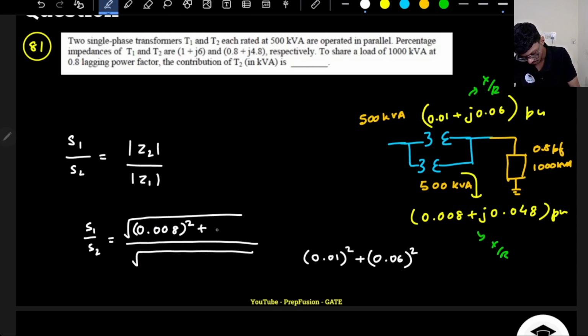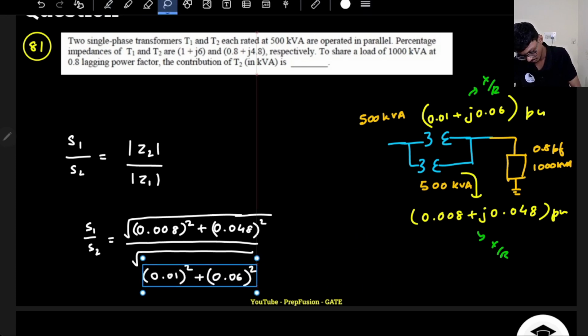So it is 0.008 squared plus 0.048 squared.